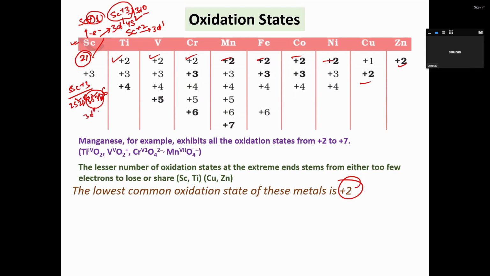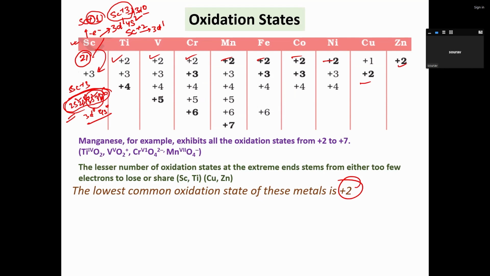Then the 3d is 0, and the 4s is 0. So it is actually following the inert gas electronic configuration, so it is more stable. That's why this scandium goes to the plus 3 state rather than plus 2.